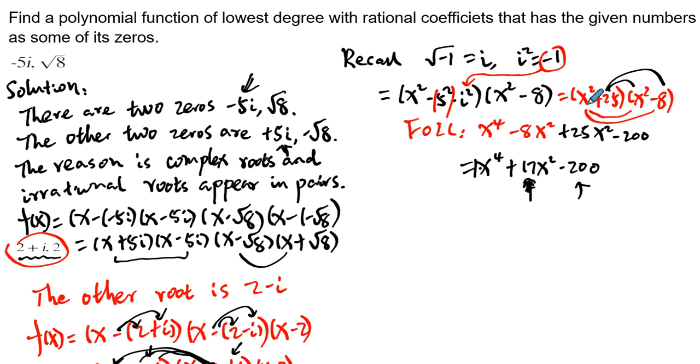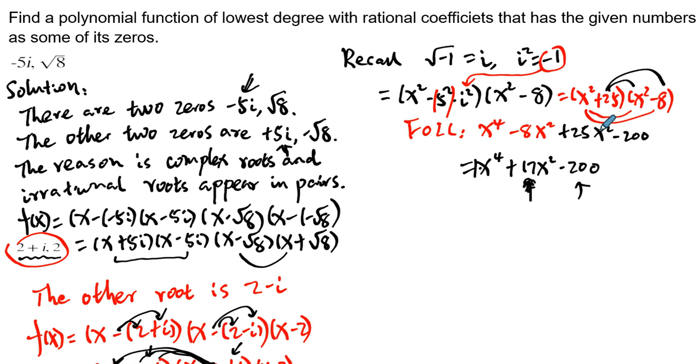X squared times x squared is x to the 4th. Outer product is negative 8 times x squared, you have a negative 8x squared. Inner product is 25 times x squared.